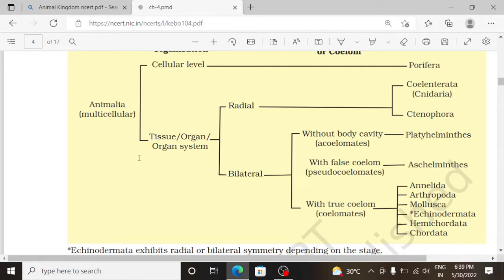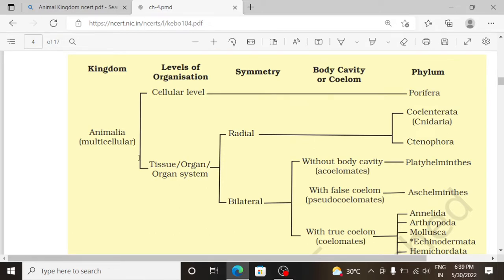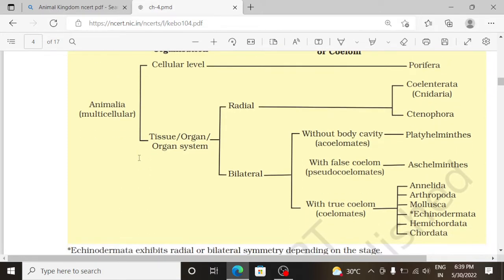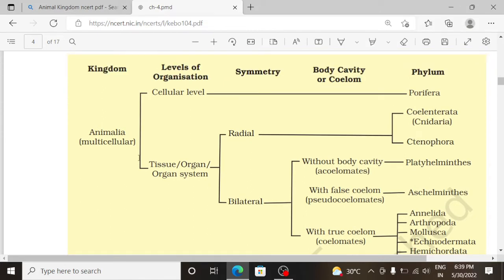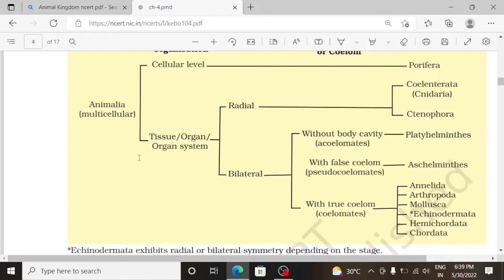Okay, as the radial symmetry is then again classified into phylum named as Coelenterata and Ctenophora, and bilateral symmetry into body cavity with three types: without body cavity, with false coelom, and with a true coelom. Without body cavity are acoelomates, with false coelom are pseudocoelomates, and with true coelom are coelomates.